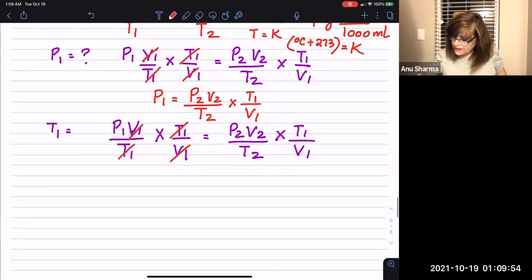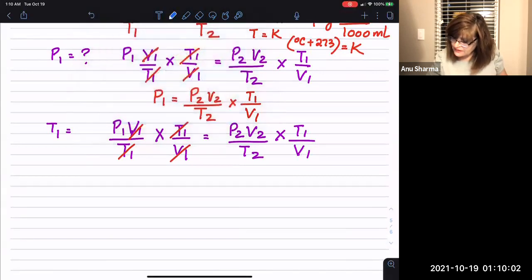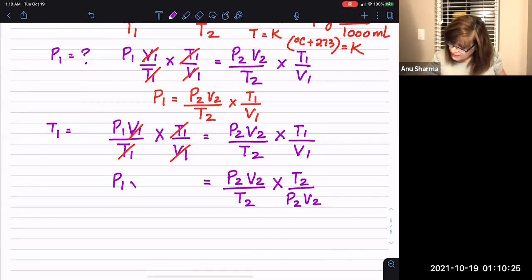Because we need to find T1 now, we need to bring P2, V2, T2 and V1 to the other side. So what are we going to do here? Next, you're going to bring the P1, and here, let's get this first, P2 V2 over T2 multiplied by T2 over P2 V2, and here also multiply by T2 over P2 V2, okay?